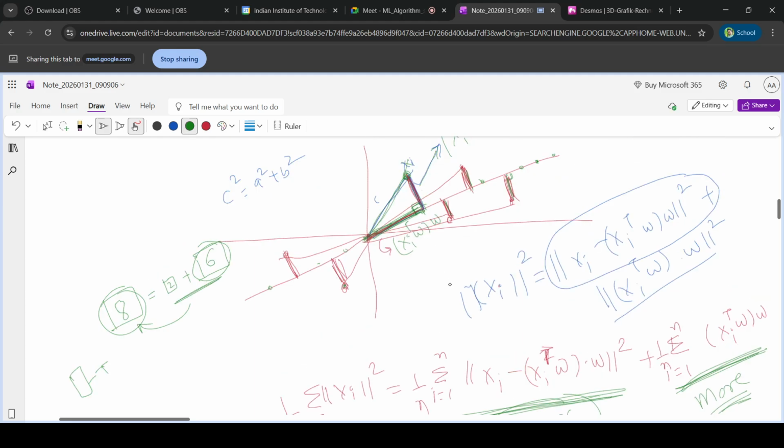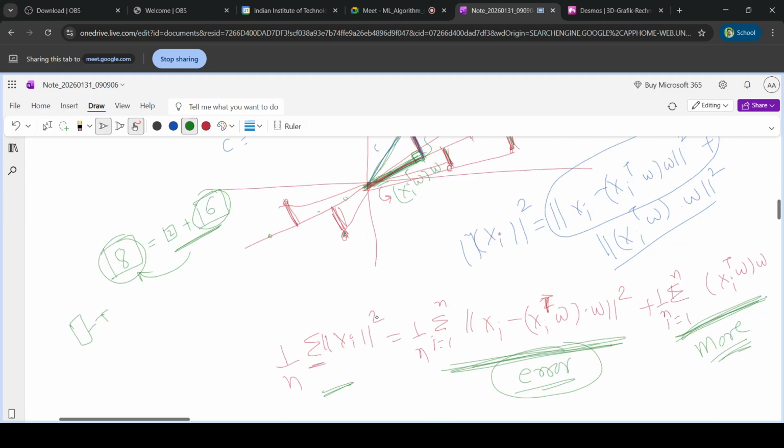Okay, we are very near to the PCA concept. This is actually the PCA concept, just understand now. These are the xi values here. We used the Pythagorean theorem, c square equal to a square plus b square, meaning this residual plus this projection square.